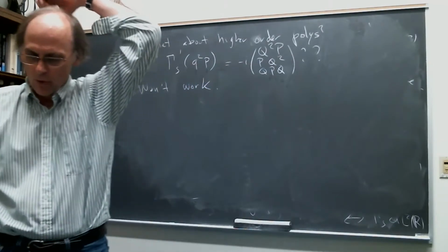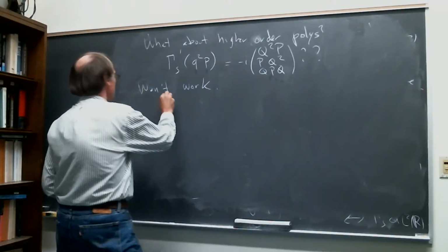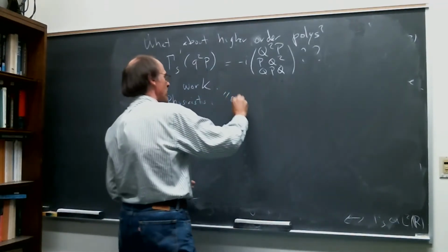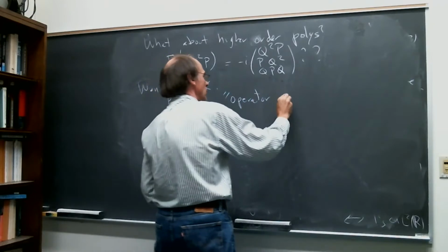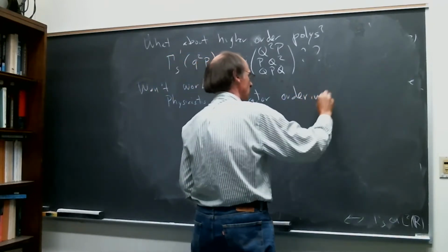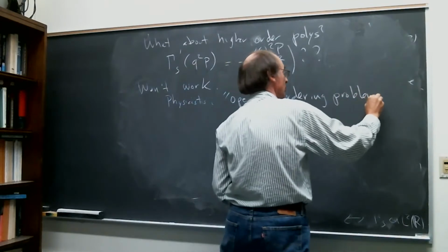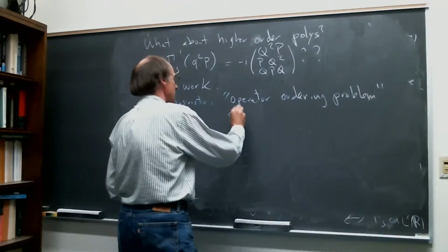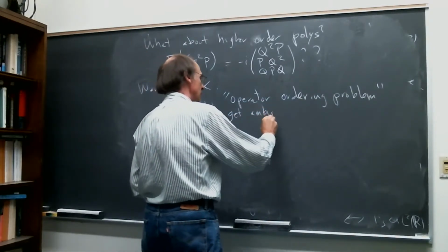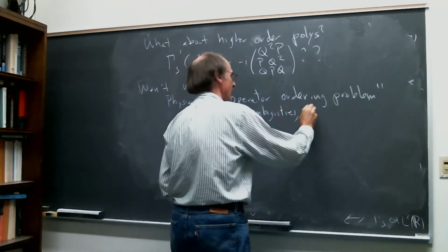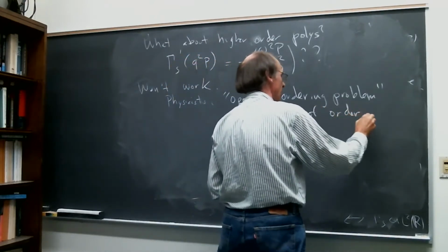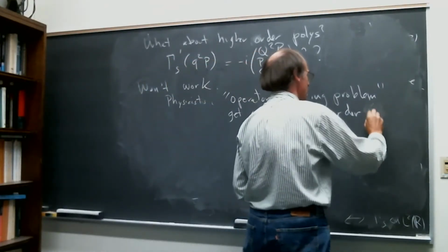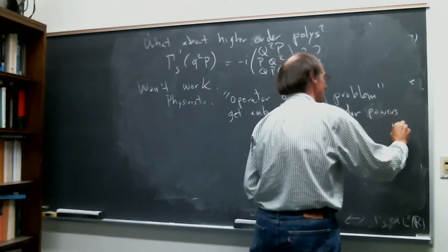So this is what's called the operator ordering problem. And you get ambiguities of order h bar, or of order power in h bar.